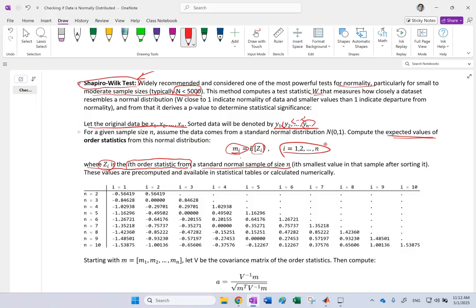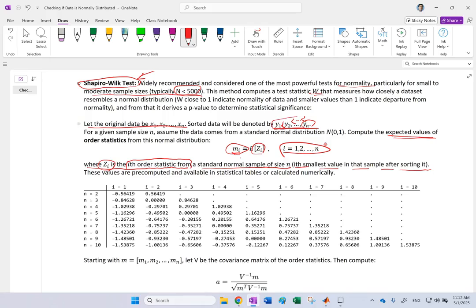So what does that mean? First, let's get to the Zi. What does Zi, the ith order statistic, mean? It means the ith smallest value in the sample that you got after sorting.